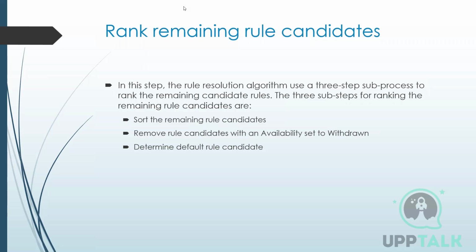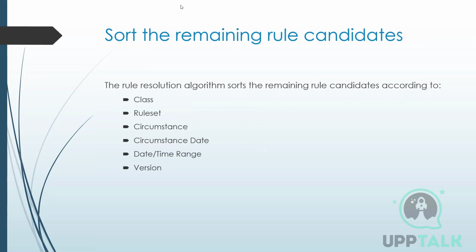What is considered in the sorting is as follows. First, your class is checked, then the rule set, then if at all any circumstancing variables are available. If yes, is it going to be template based, or date based?